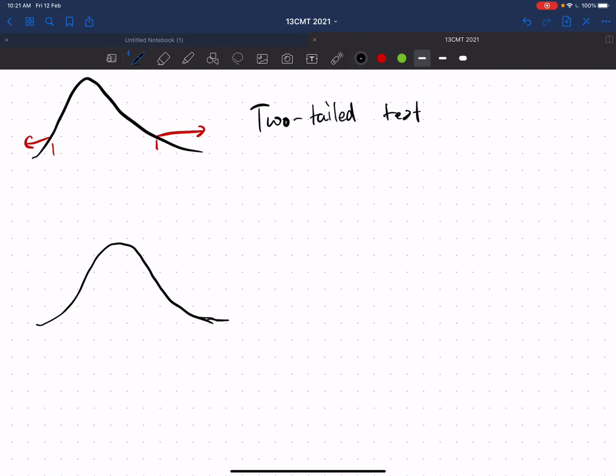So rather than it being a less than or greater than, as we've seen before, we've got a not equal to. As soon as you see not equal to, that's a two-tailed test. It's saying it could be either side of this value, as long as it doesn't equal this value. The significance level they've suggested is 5%.